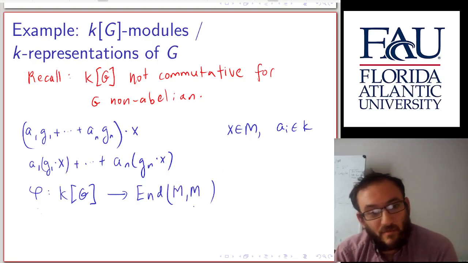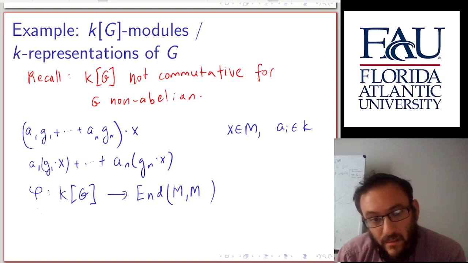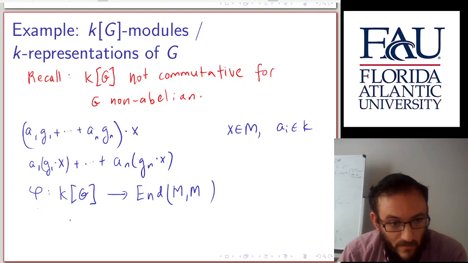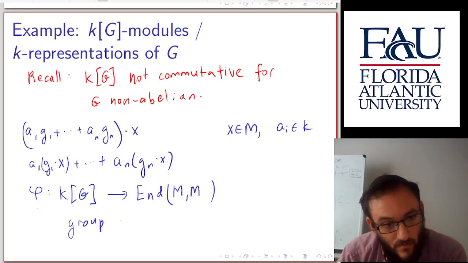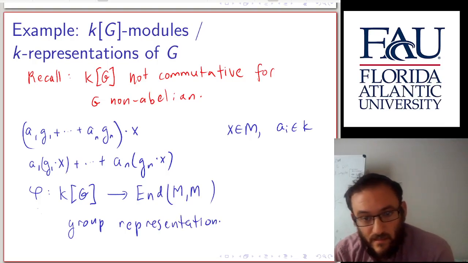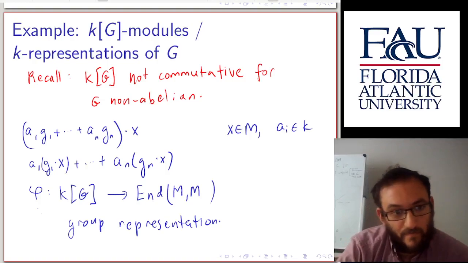We don't want it necessarily to be finite dimensional, and this is really exactly what representations are. It's modeling a group as a group of automorphisms of a vector space.